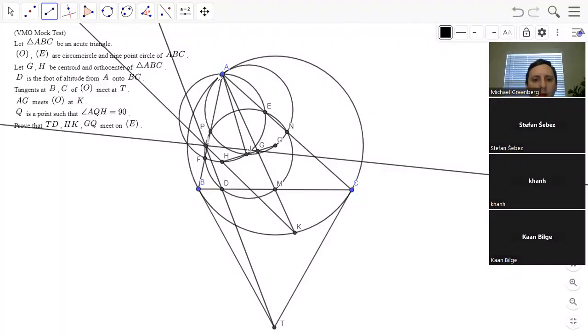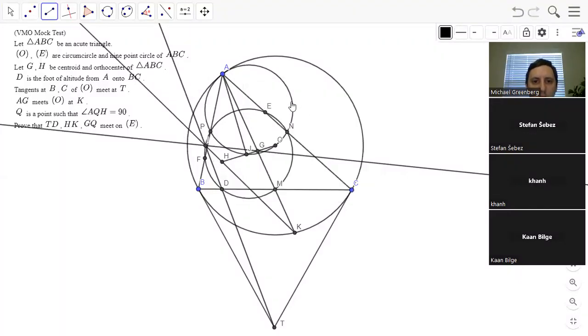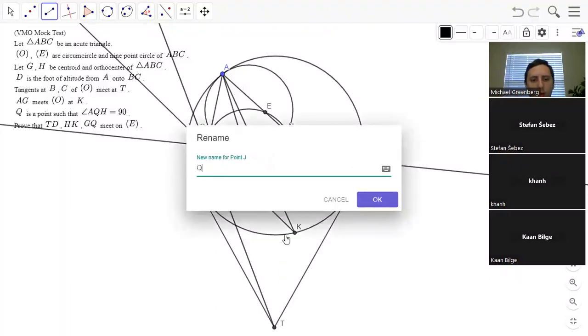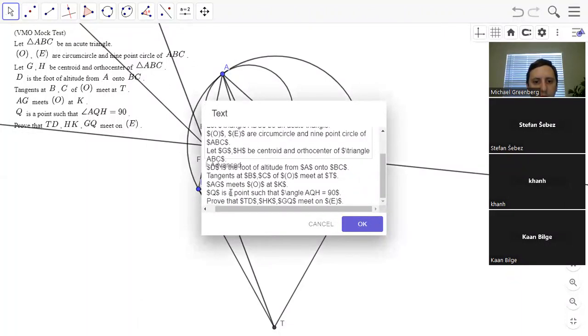Okay. So from A onto OH. So that's just Q. So Q is the altitude from A to OH.